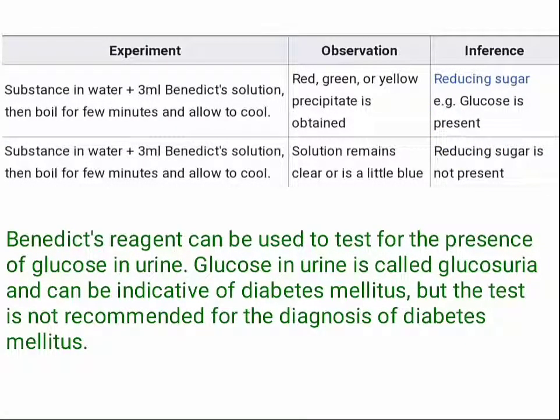And if the solution remains clear or just a little blue color appears, then it is confirmed that reducing sugar is not present.